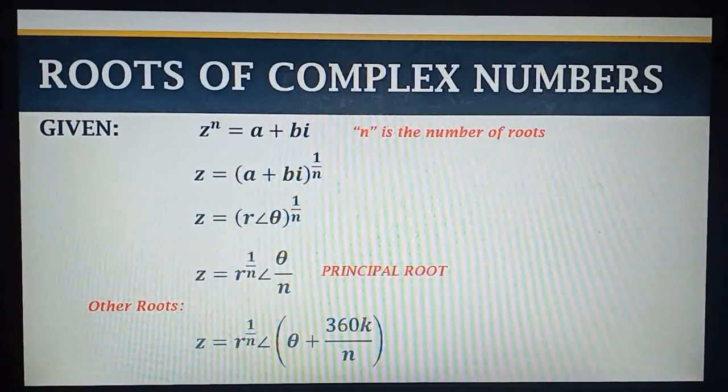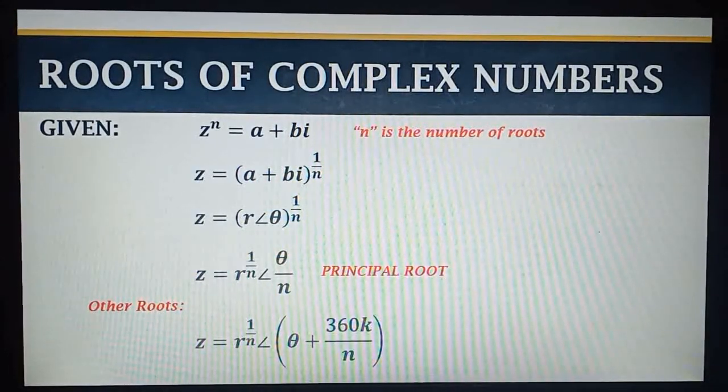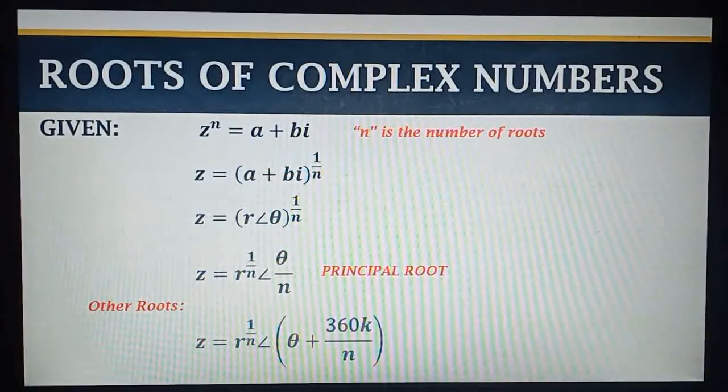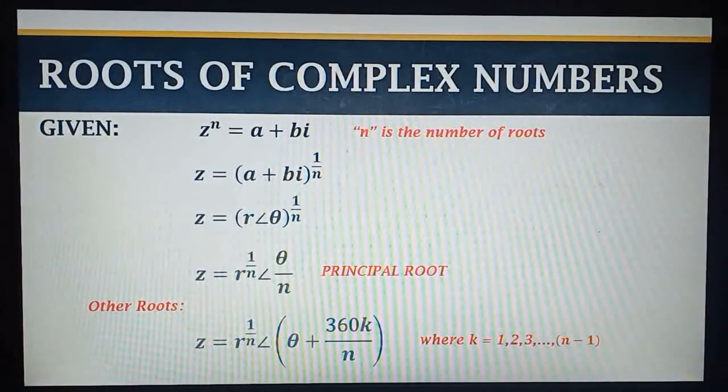So, hindi magbabago yung magnitude, which is r raised to 1 over n. Ang nagbabago lang is the angle of the z, wherein k can be 1, 2, 3, and so on.